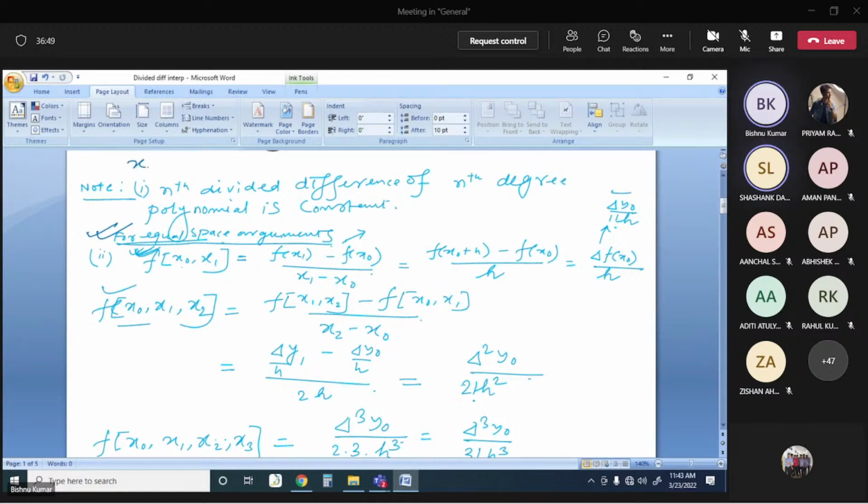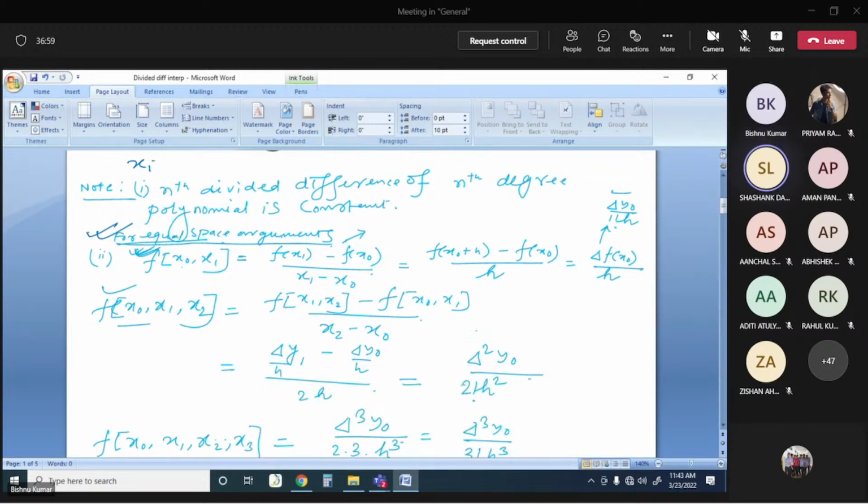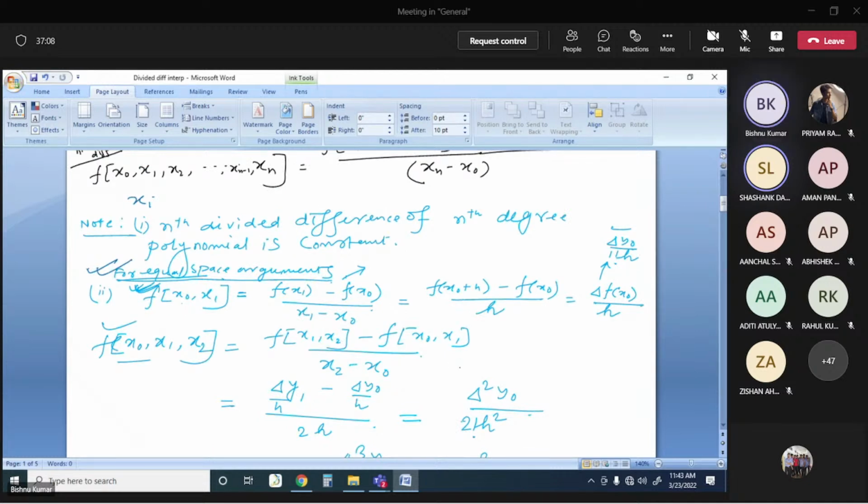Sir, Means screen is freezed. Screen is Freezed. Screen is not visible. Sir, it is freezed. Freezed. Yes, sir. Freezed means paused. Yes, sir, it paused.